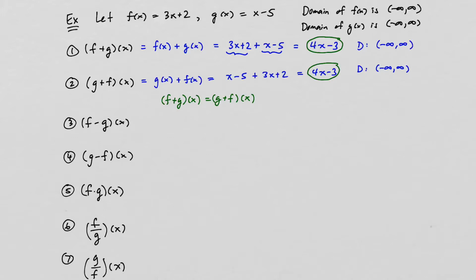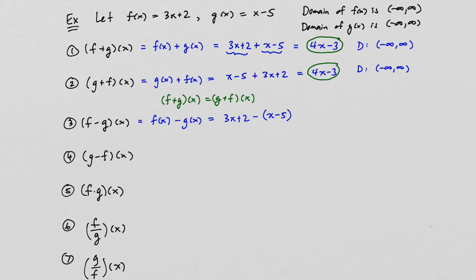In the next example, we would like to compute f minus g of x. And so, again, this would be f of x minus g of x by the definition. And f of x is 3x plus 2. And when I subtract g of x, which is x minus 5, I need to put parentheses around that.